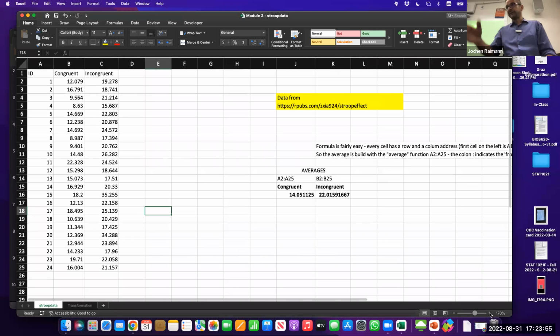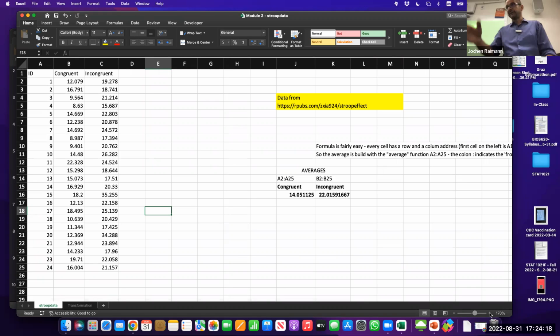Okay. So congruent and incongruent here basically give you, with congruent, the reaction time of an individual student who participated, another volunteer, where the color matched the word. That's congruent.